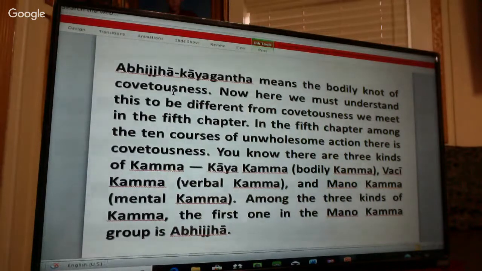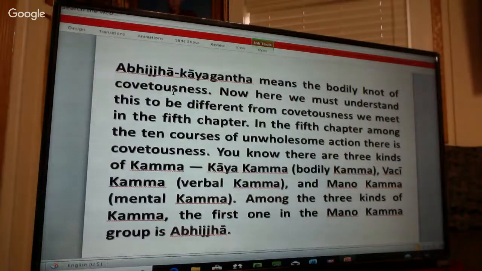Among the ten kinds of unwholesome action, there are three kinds of Kaya Kamma, four kinds of Vaci Kamma, and three kinds of Mano Kamma, altogether ten kinds of unwholesome action.